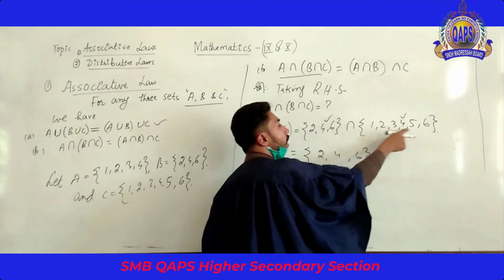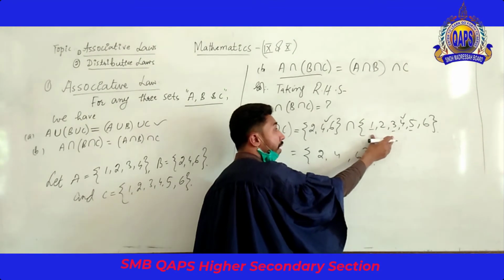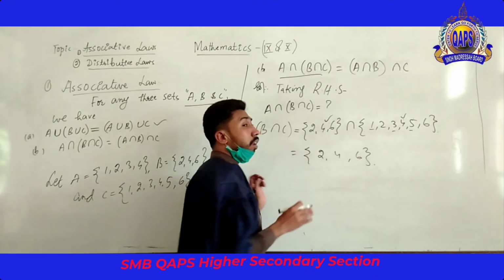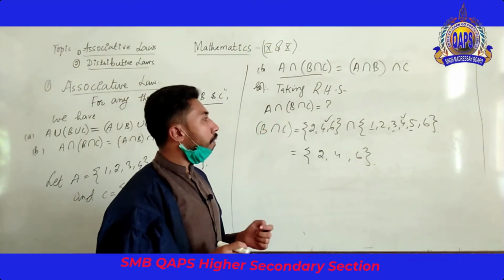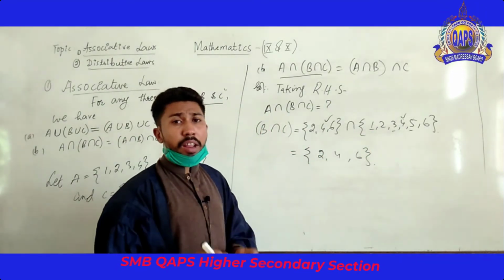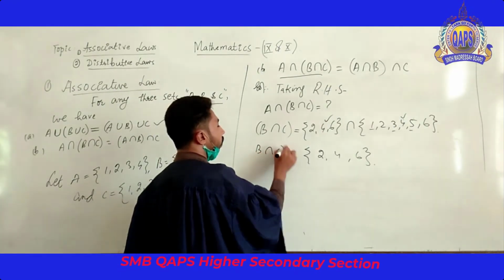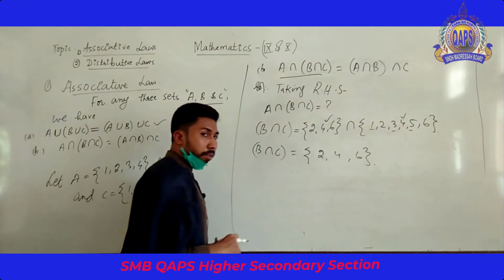But 1, 3, 5 are in this set and there is no 1, 3, 5 in the other set, so we don't write them, because intersection contains only the common elements. So B intersection C contains 2, 4, 6.